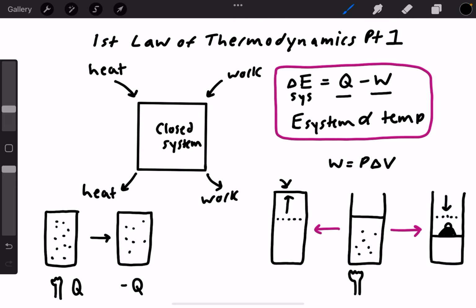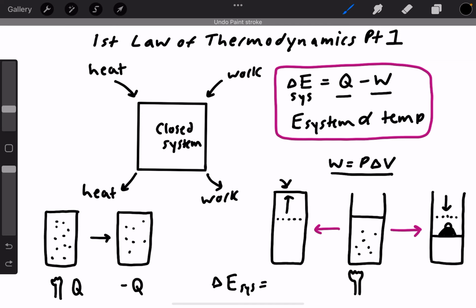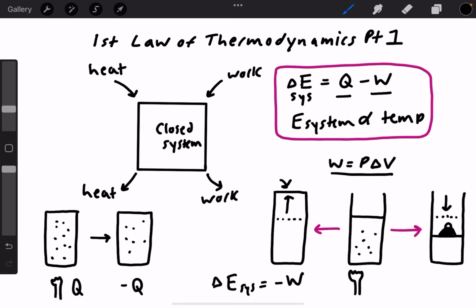And note in this case that the work being done, which is force over a certain distance, is going to be measured by the pressure times the change in volume. And we can denote this as change of energy of the system is equal to negative W, right?